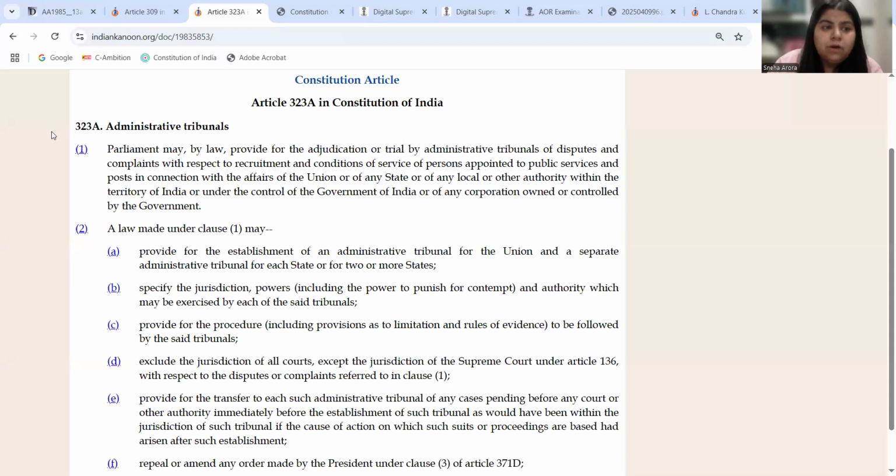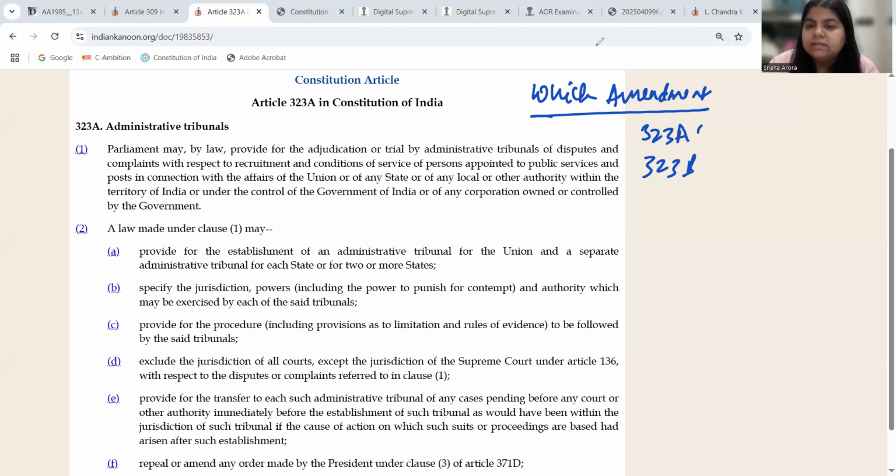Now, you need to comment down, you need to answer by which amendment Articles 323A and 323B were inserted in the Constitution. This is your question which you need to answer in the comment box, and you can check your own knowledge, of course.